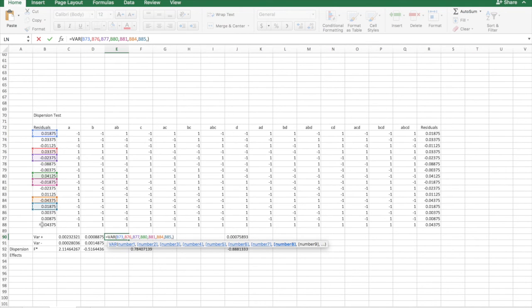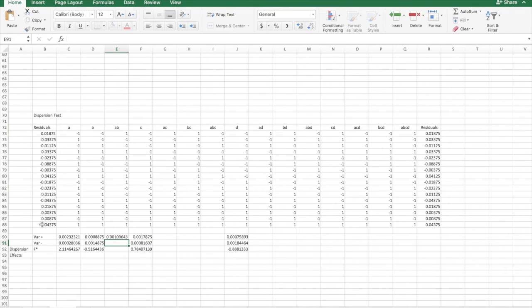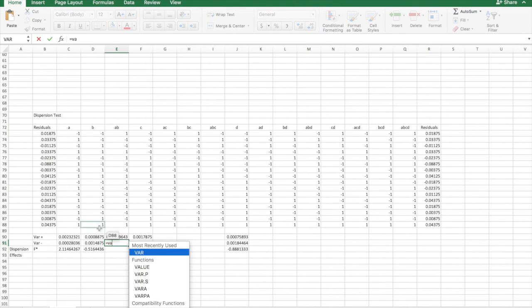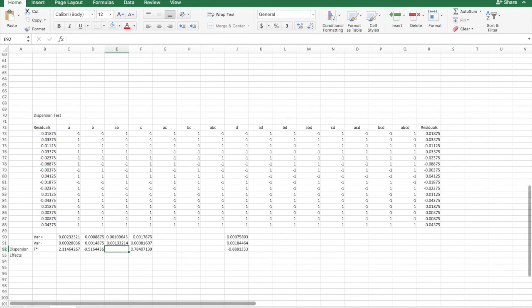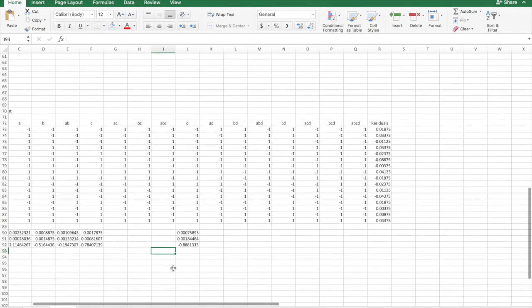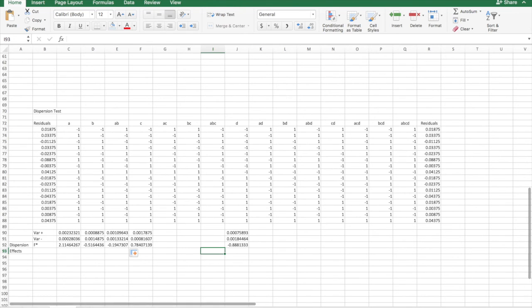Too low, 1 high. And we do this for when AB is low, which are too low, too high, too low, too high, too low, too high, too low. And we continue with the rest.